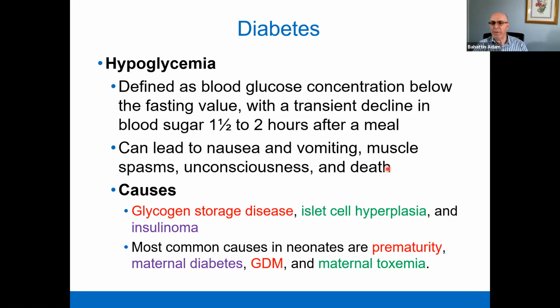Hypoglycemia: if the level of blood glucose is below 50 milligrams per deciliter, it is known as hypoglycemia. It can lead to nausea, vomiting, muscle spasm, unconsciousness, and death.